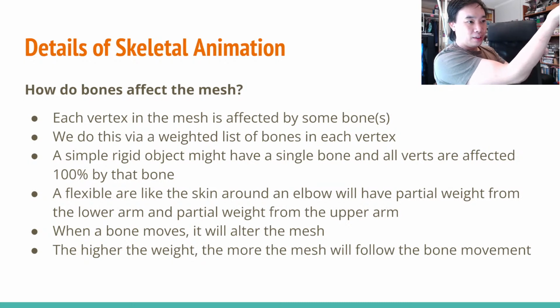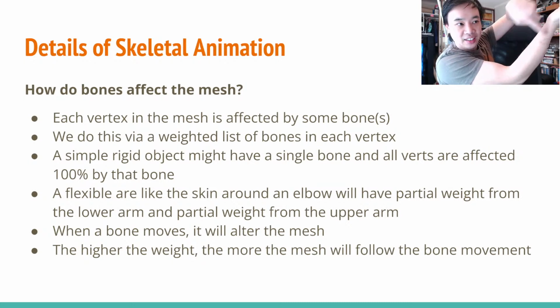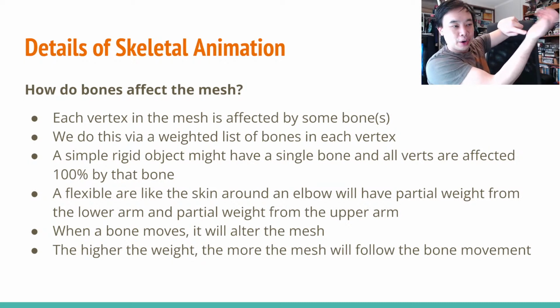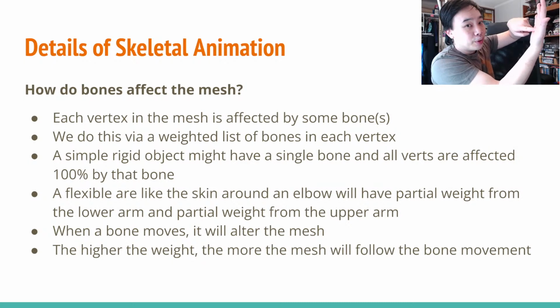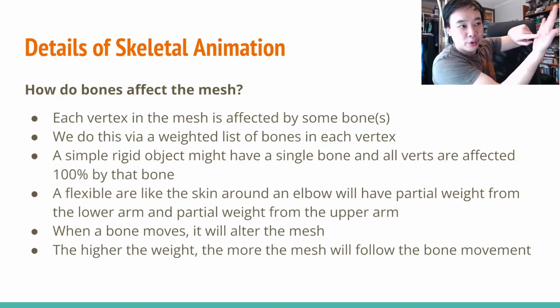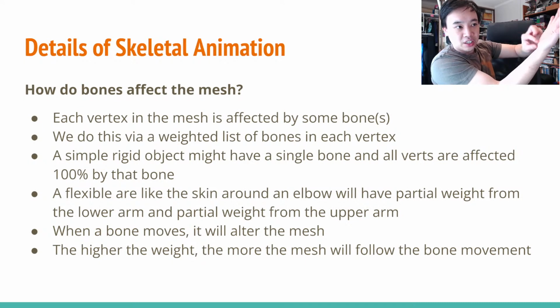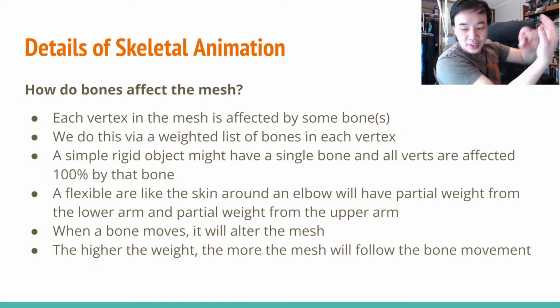So this bone here might have its position here, and it's mapped to most of the verts here. But it will be partially mapped to my wrist and my hand bone here. There's plenty more bones in a human hand, but for animation we might only have one in the palm, which is mapped partially to the skin here. So this skin takes influence from this bone and this bone, and then moves in between the two.